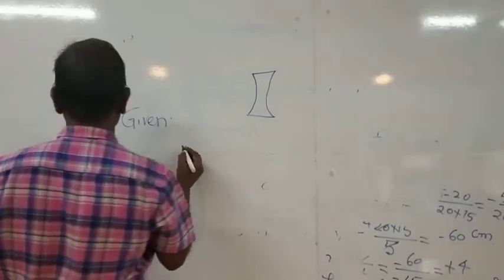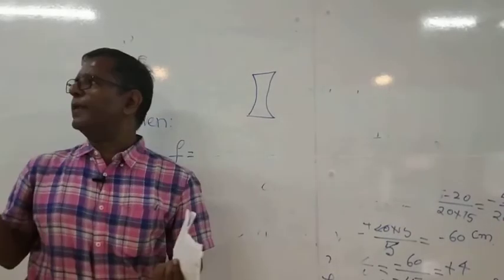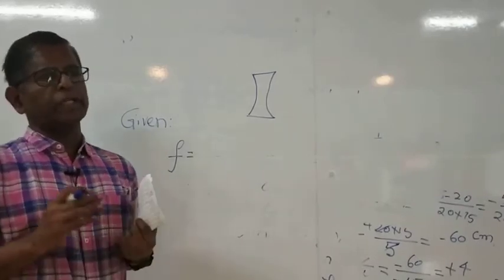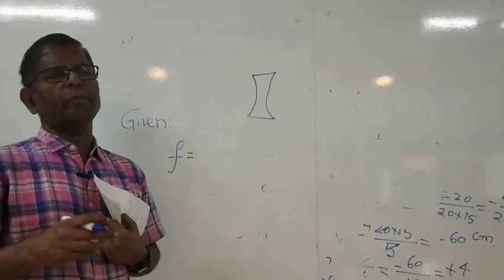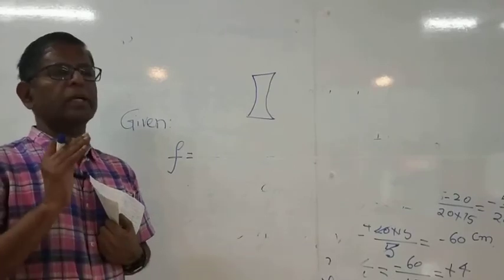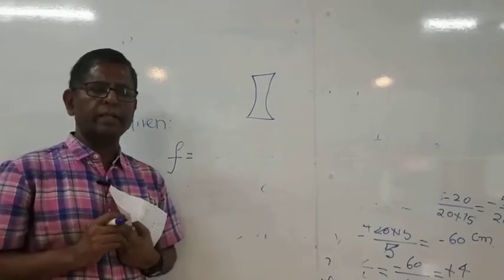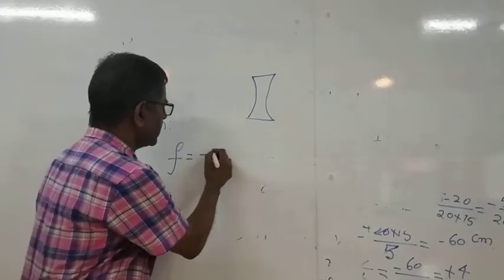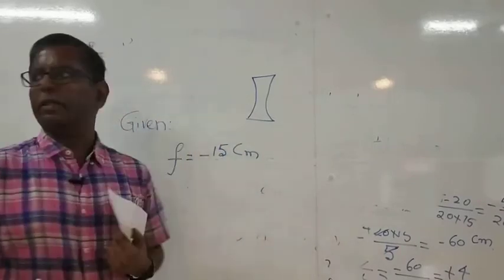Again the focal length is given, 15 centimeter. But you don't know whether this will be positive or negative, because the question will not specify. But you know that it is a concave lens, and as I told you, a concave lens focal length is always negative. So f you have to write minus 15 centimeter.